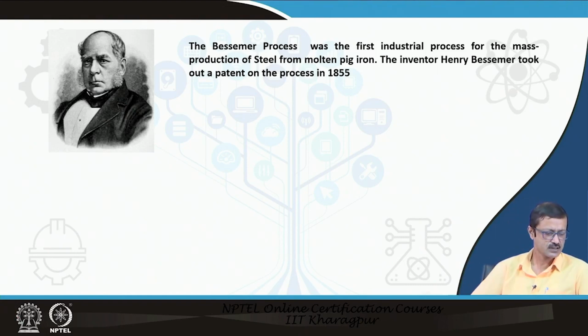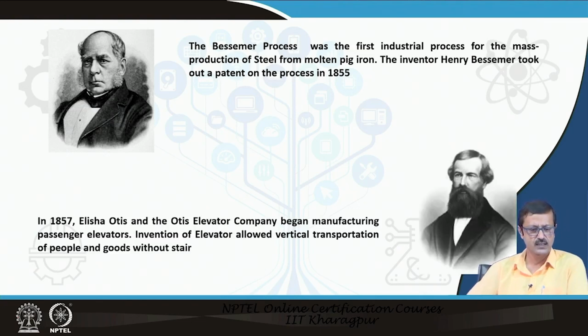What is the second invention? In very similar days, 1857, Elisha Otis invented the safety device for the elevator, and the Otis Elevator Company began manufacturing passenger elevators. As we understood in the very first slide, climbing too many steps was a problem for constructing a high-rise building.